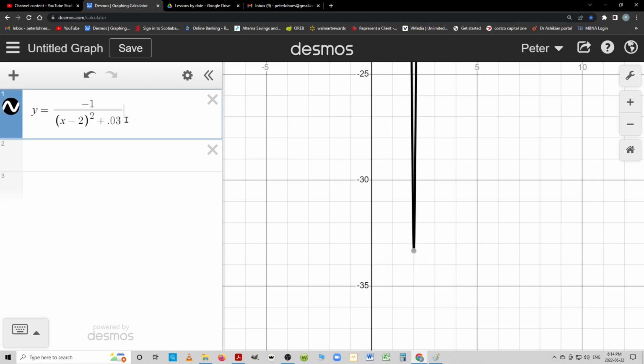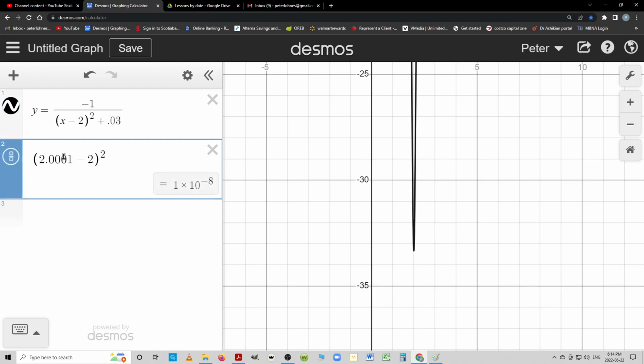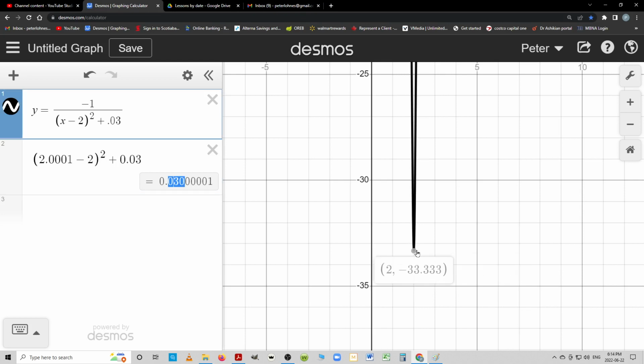You just have to set this whole thing to equal. You try to figure out what the closest value to 2 is that I can get, like 2.001. So what is 2.001 minus 2 squared plus 0.03, and you get the value of positive 0.03.